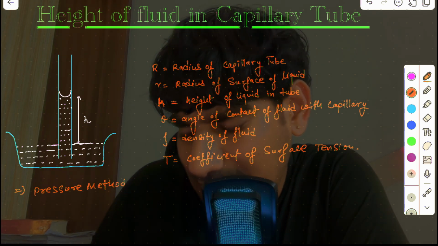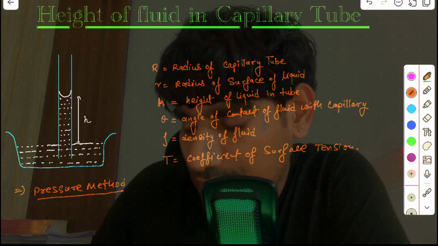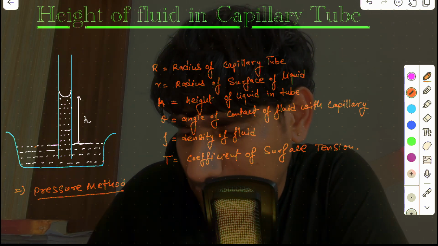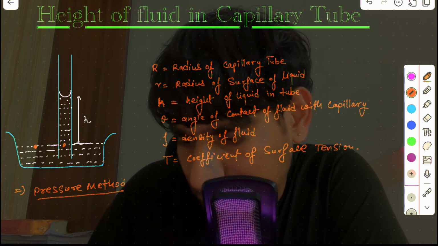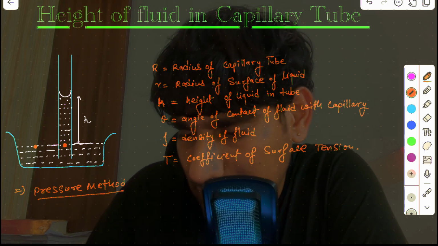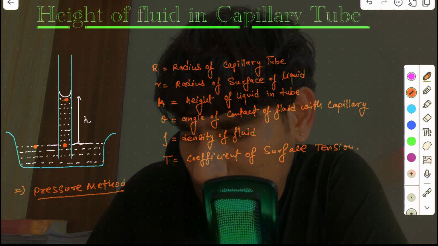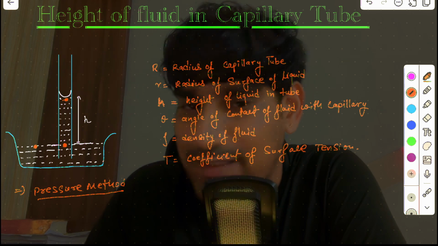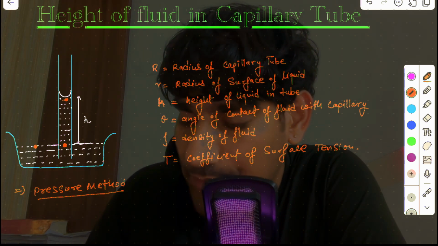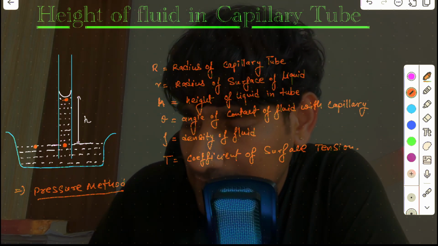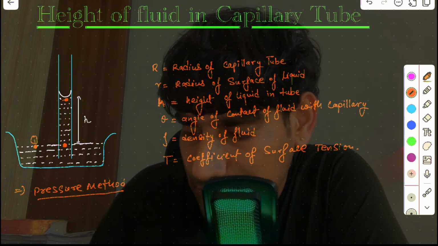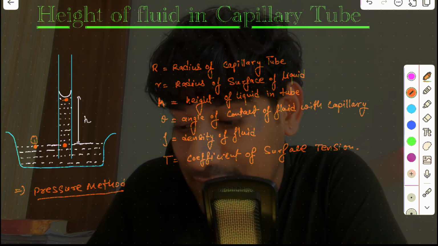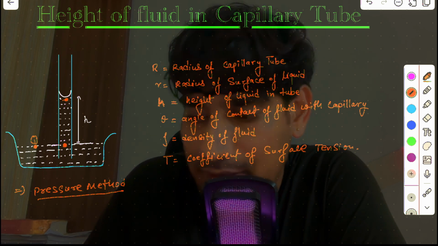In the pressure method, I will take three points. This is point 1, point 2, and point 3. Point 3 is right below the surface. Tell me, what is the pressure at point 1? Think of it. It is atmospheric pressure.